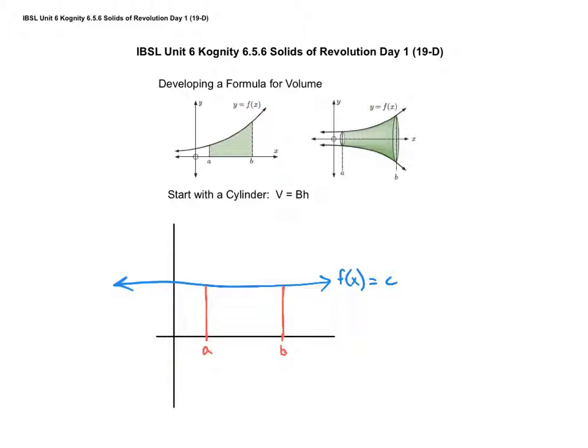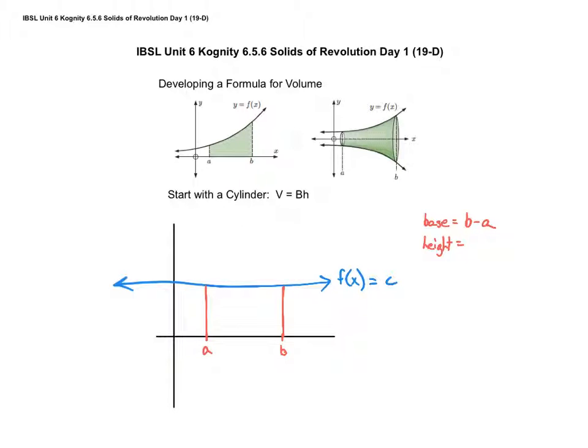Base times height, right? What's the length of the base here? B minus A. So the base of the rectangle is b minus a. What is the height of the rectangle?